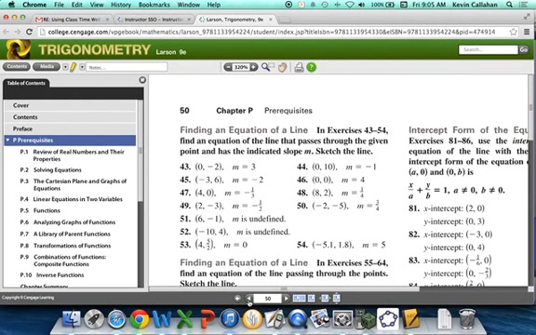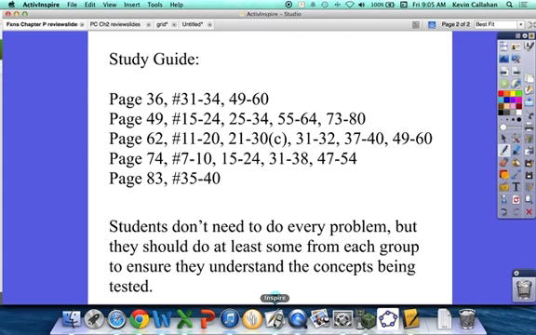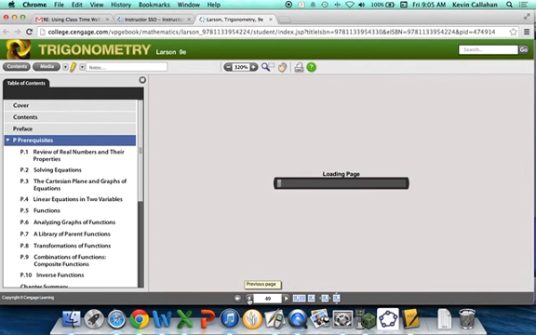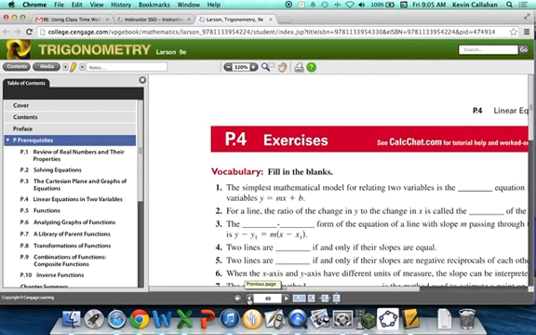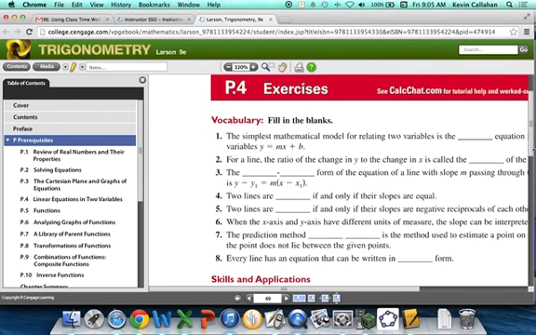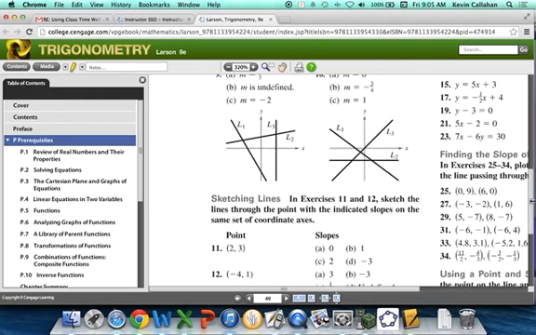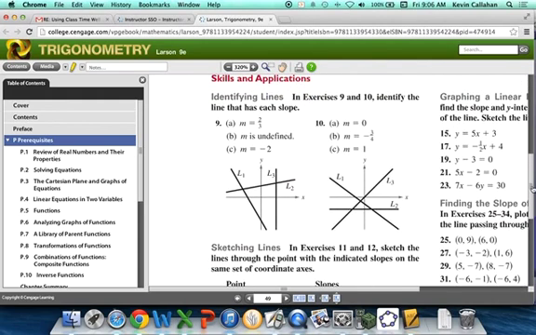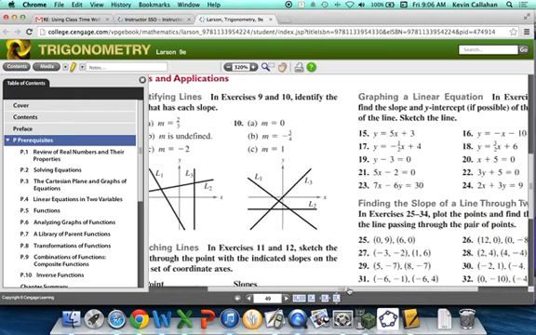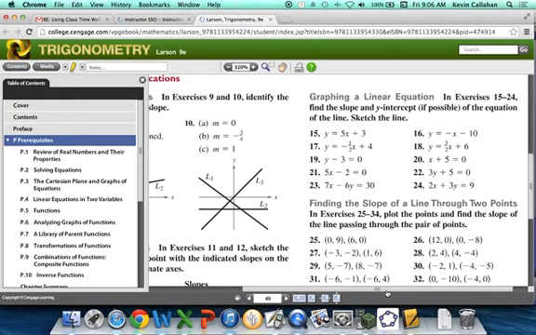I need to go one more page. 15 to 24, what are we trying to do? Find the slope and y-intercept, if possible, of the equation of the line, sketch the line.